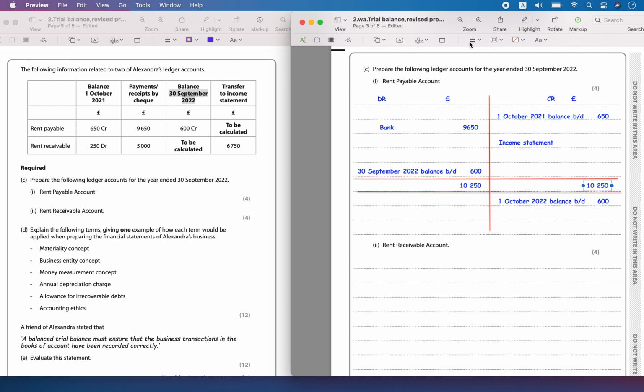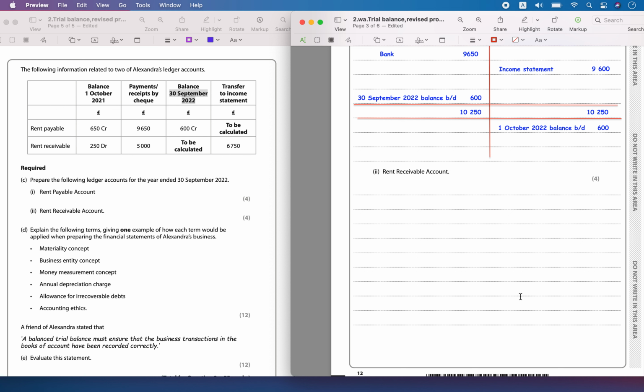It will give you 9,600. So 9,600. So let's include that.